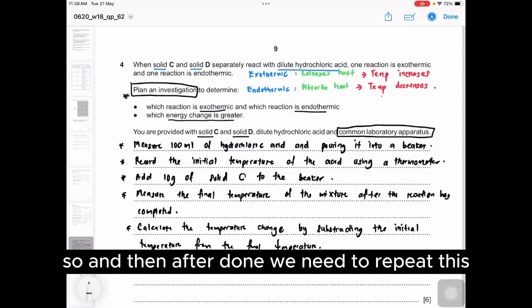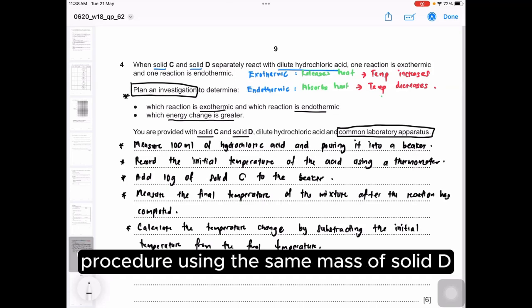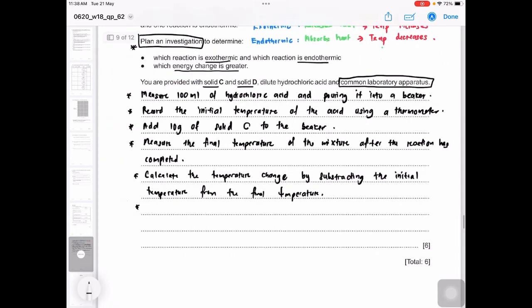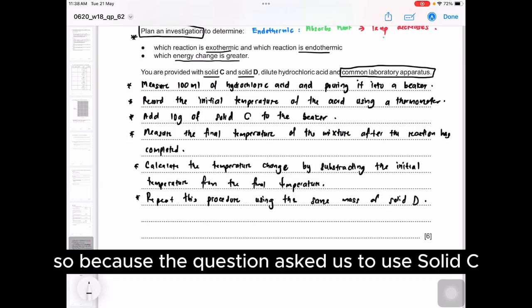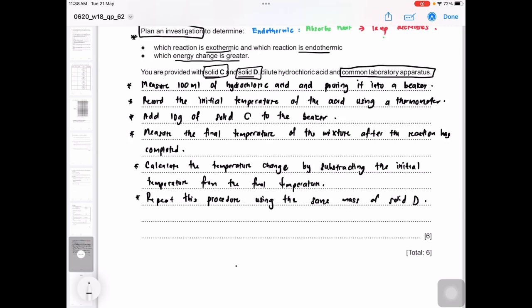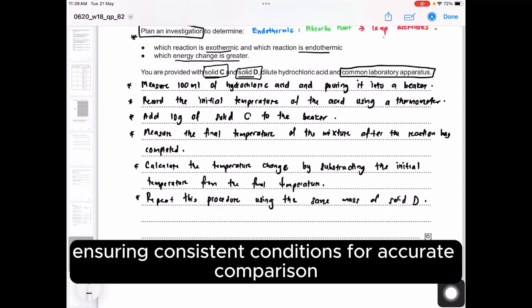And then after that, we need to repeat this procedure using the same mass of solid D, because the question asks us to use solid C and solid D. So, repeat this procedure using the same mass of solid D, ensuring consistent conditions for accurate comparison.